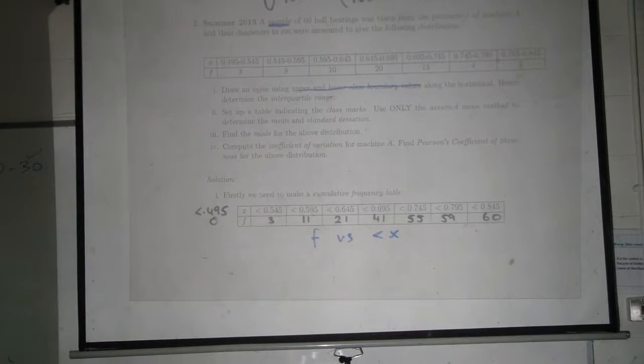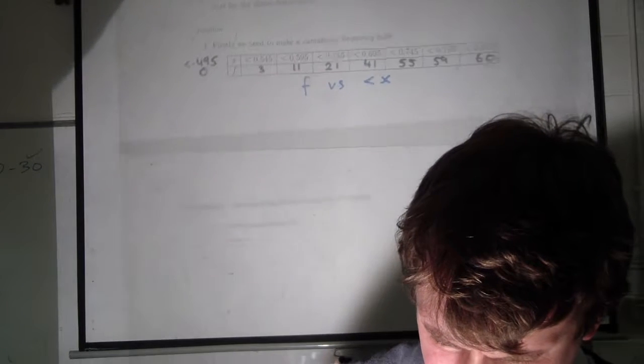So you do that, and then you do f versus less than x. That would be the upper and lower class boundary values, and you just don't worry about that. That was the way you ran that before. They'll just be 0, 10, 20, 30. So this is a bigger one.